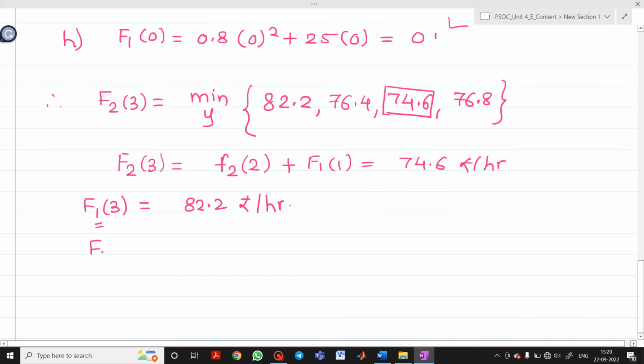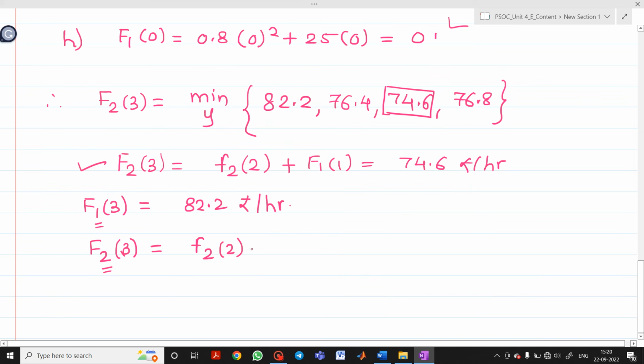But if we have the combination, how will the combination be? This combination F2 of 3 should be in such a way that F2 of 3 means what? Both the generators will produce 3 megawatt, and in that, how much share one unit should take, that we have found here.